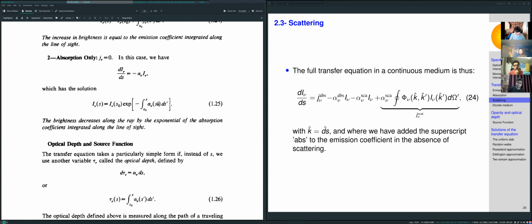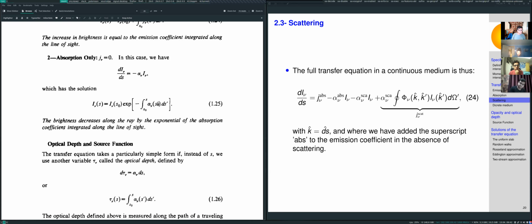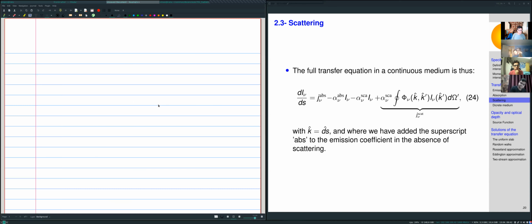What I'm trying to say is this. I_nu at S is I_nu incident on the medium times the exponential of minus the optical depth.